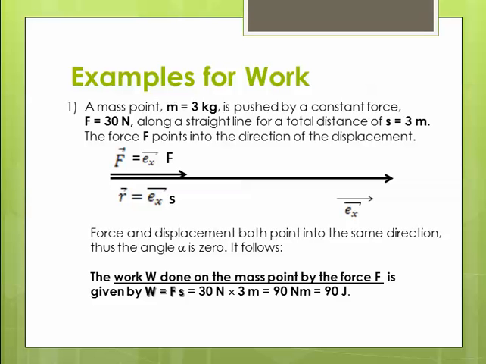So work is given by F times S equals 30 newtons times 3 meters equals 90 newton meters. We also know that newton meter equals joule. So the answer is a work of 90 joules has been done by the force on the mass point.